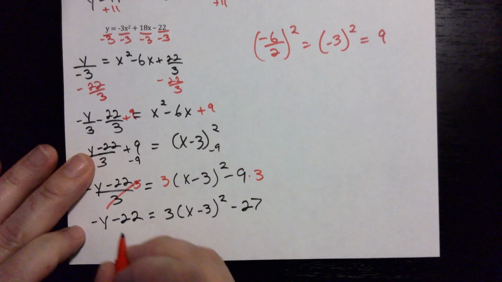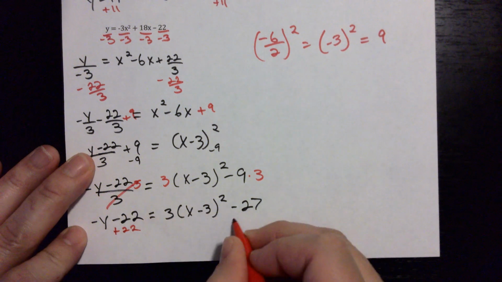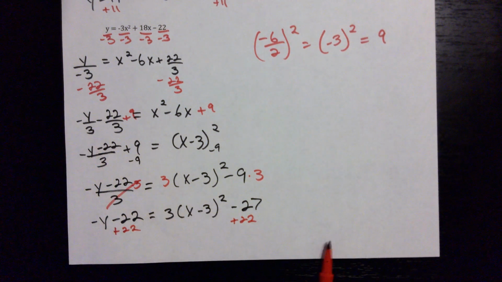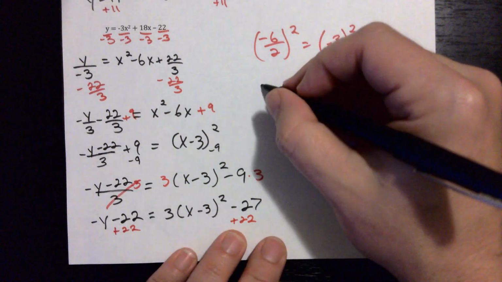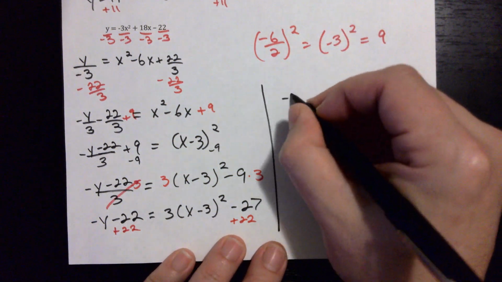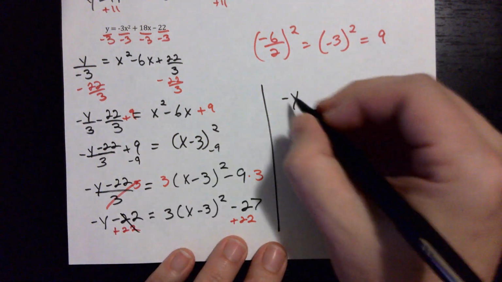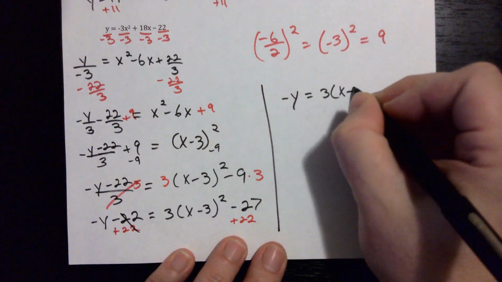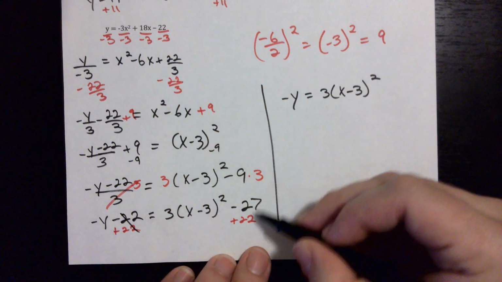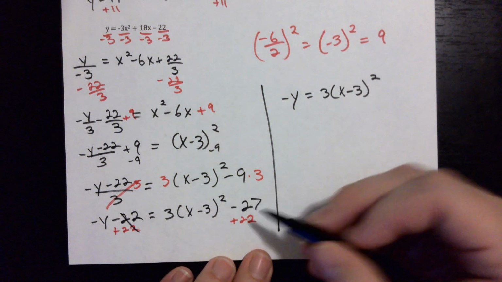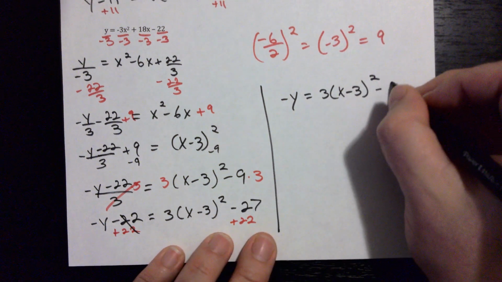And I have a couple more steps. I need to add 22 to both sides. Let me go over here because I'm out of room. Okay, so that will be negative y, because this term cancels, and we'll get equals 3 times x minus 3 squared. And let's see, what is this? The negative's bigger, so negative 5 minus 5.